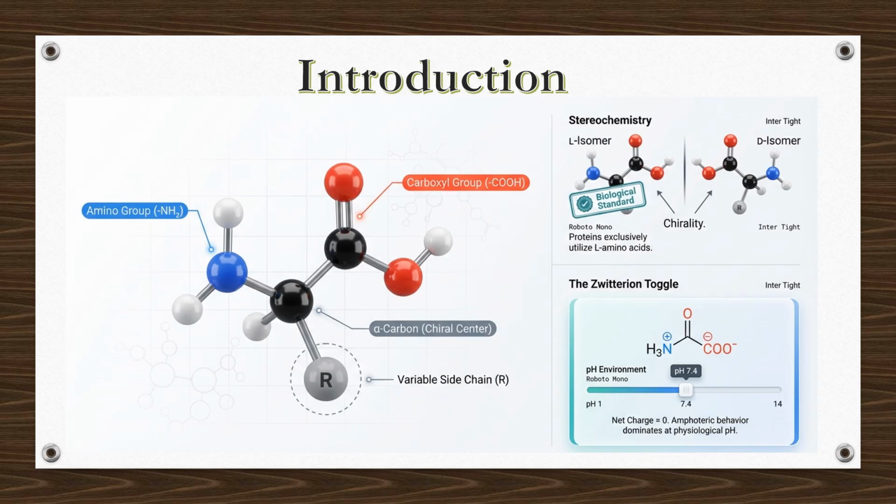They all share a common structure built on the alpha carbon, which is a tetrahedral carbon atom attached to 4 groups: an amino group, a carboxyl group, a hydrogen atom, and a variable side chain called the R group. The R group is what makes each amino acid unique, giving it distinct chemical properties and biological roles.